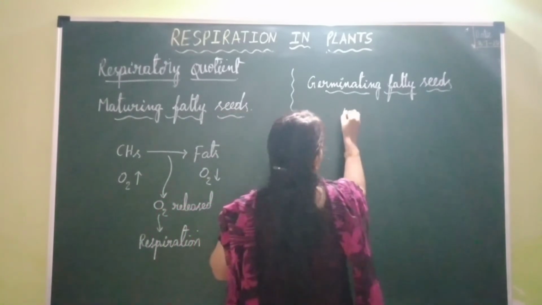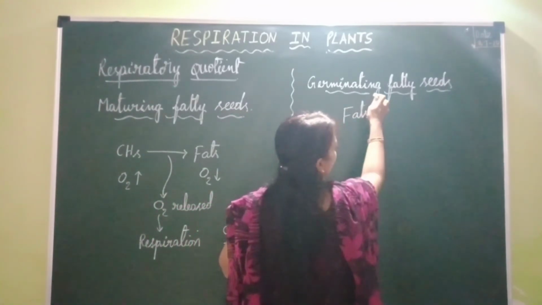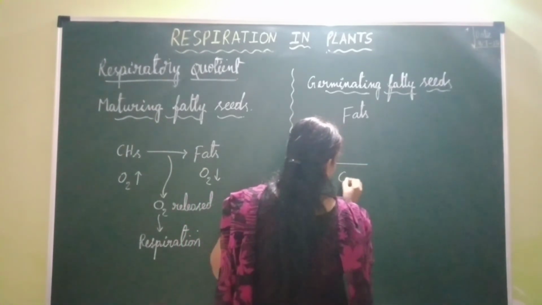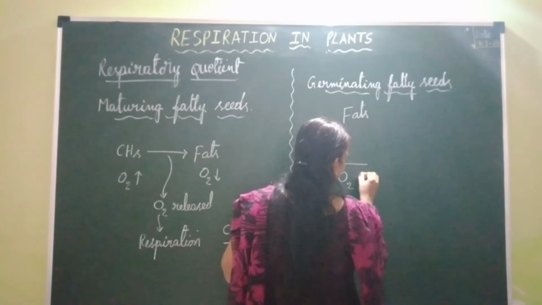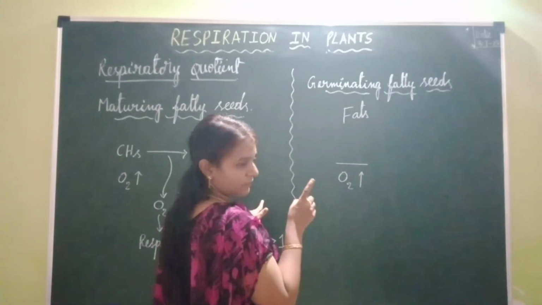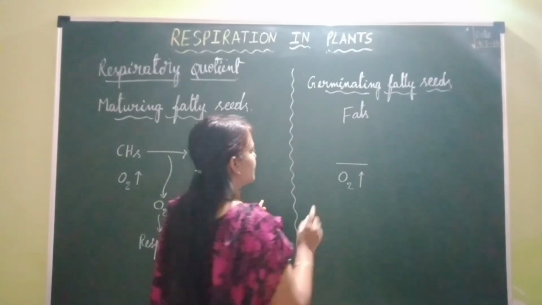When the food source is fat, this fat undergoes breakdown during the germination of the seed. For the breakdown of fats, the amount of oxygen required is more because the amount of oxygen present in fats is lesser than the amount of carbon present in it.